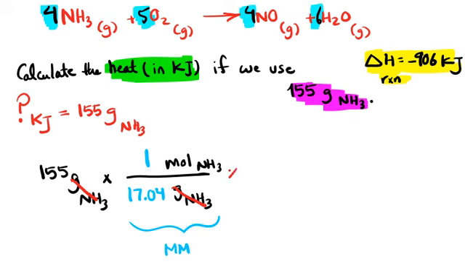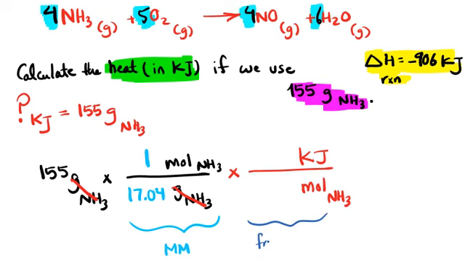So the next conversion factor, I'm going to write it here. I should write moles NH3, and I'm going to convert that one to kilojoules, amount of the energy. Please look here, this information is coming from the balanced reaction. So let me write it here.